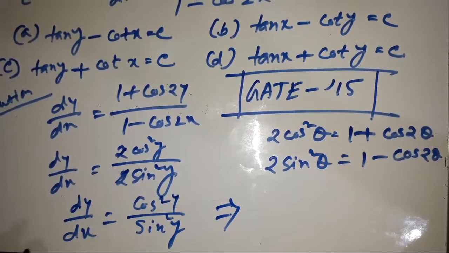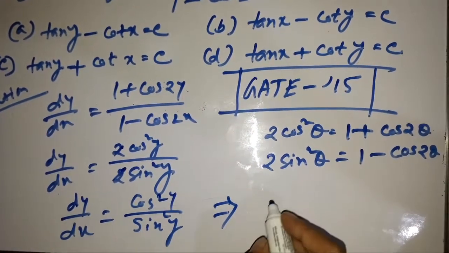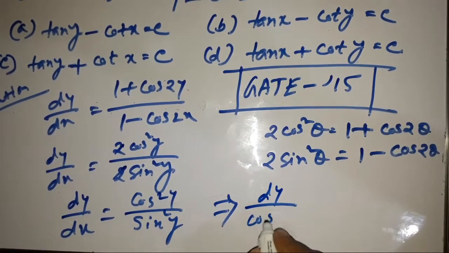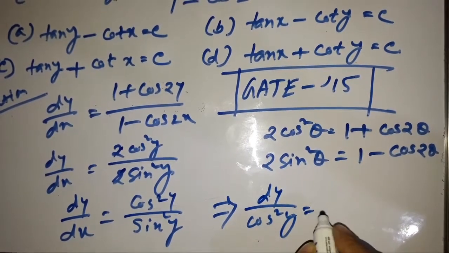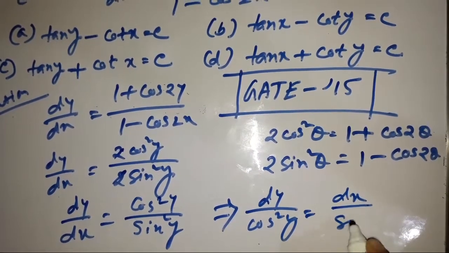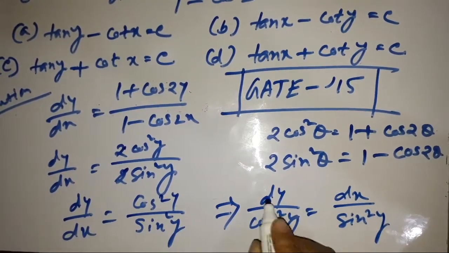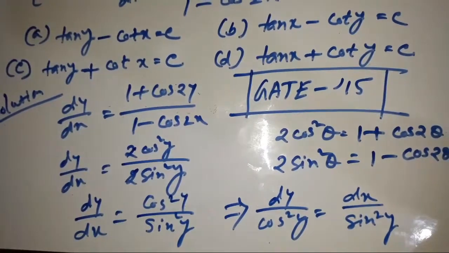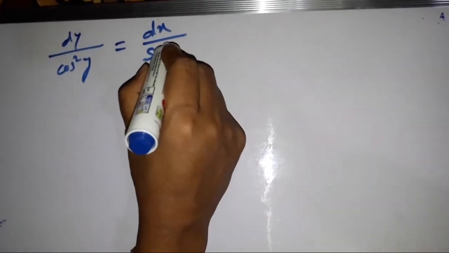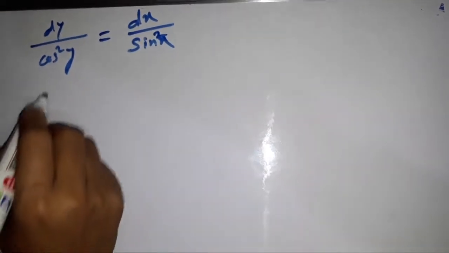Now by using cross multiplication we get dy by cos² y equal to dx by sin² x.